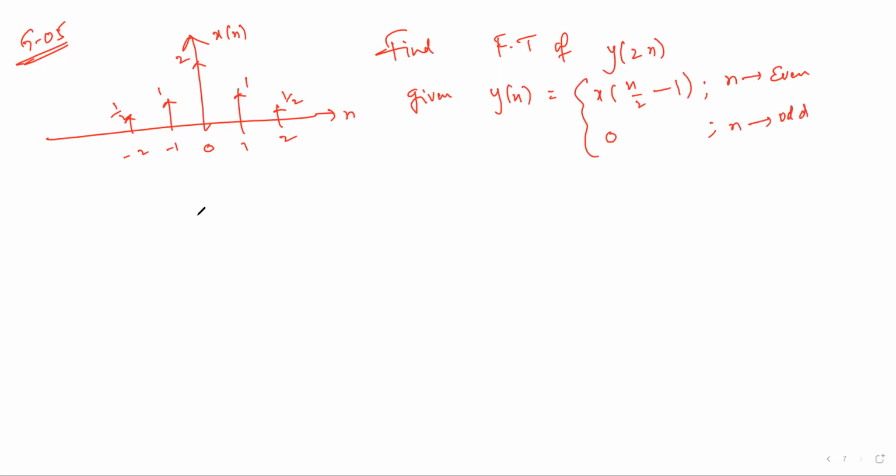Y of n is given, but y of 2n Fourier transform is asked for this signal. So the options are given like this.